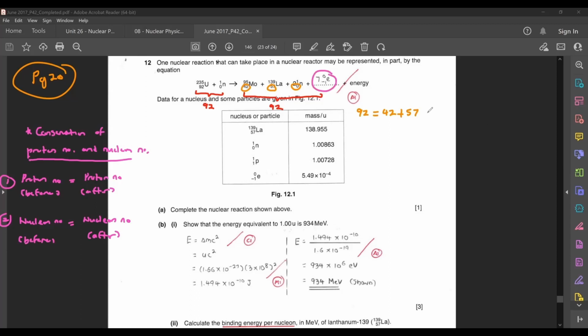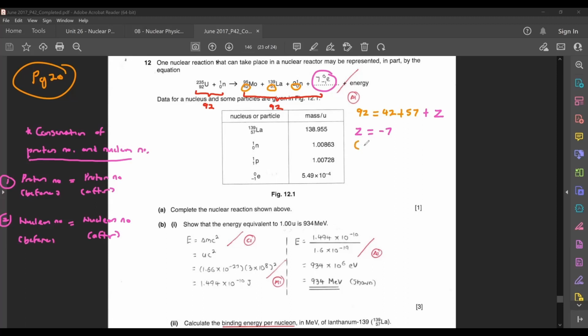Let's just call this proton number Z. So Z here would be 92 minus 42 minus 57. Notice that there's a -7 here. The proton number here should be -7, okay?